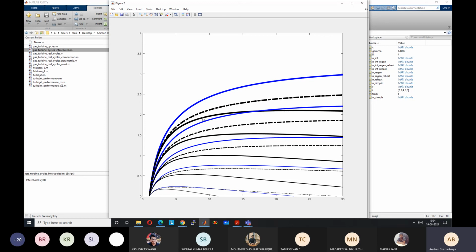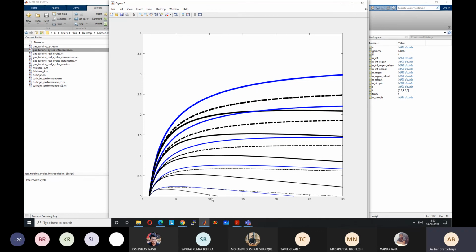So for T equal to 6, the solid black line is the simple Brayton cycle, this blue line is with reheating, and this black dotted line is intercooling. So the work output lies somewhere between the simple Brayton cycle and the reheat cycle.